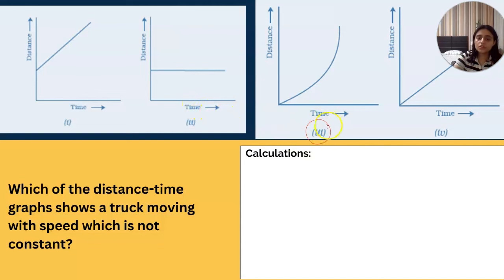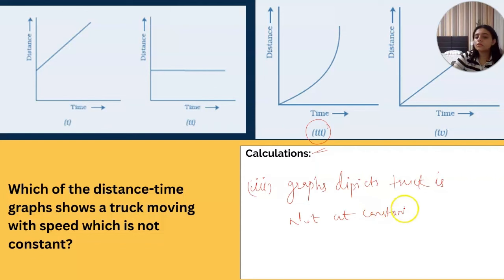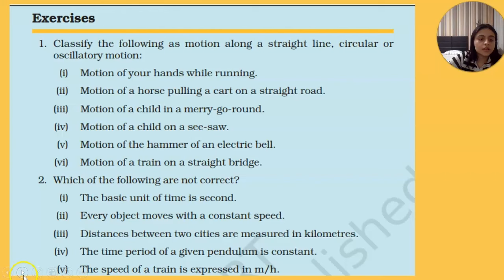So this option shows the third one. The third graph depicts that the truck is not at constant position. All right. So let us see the next question.